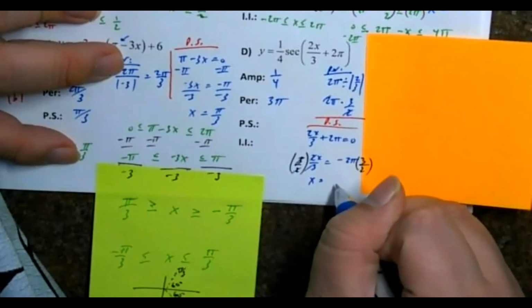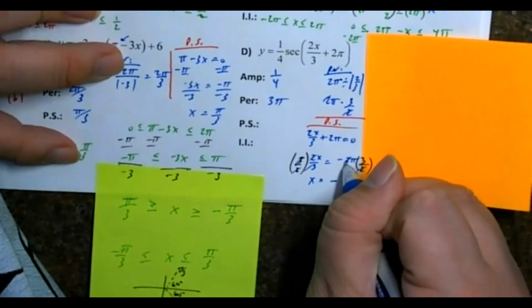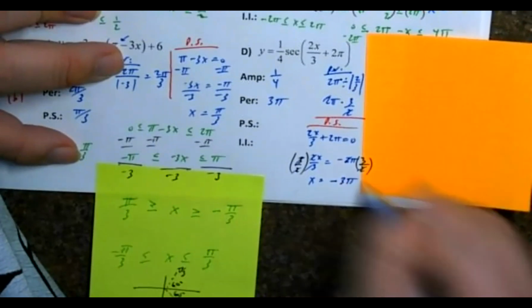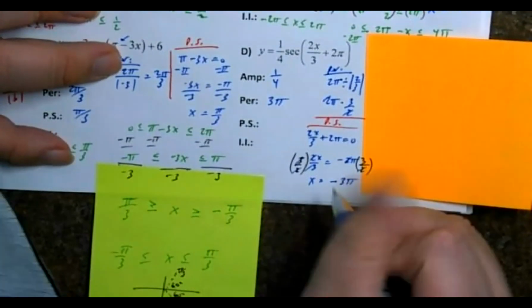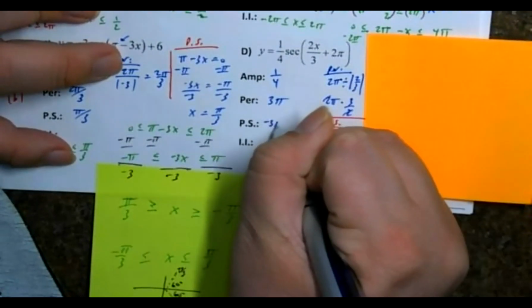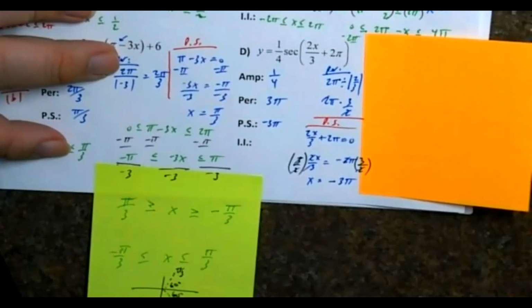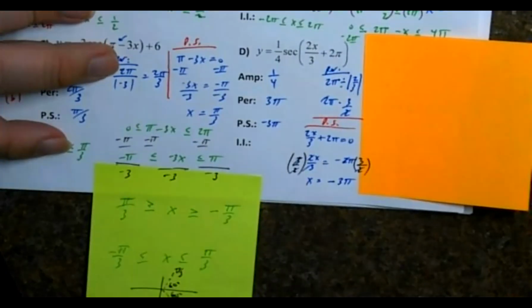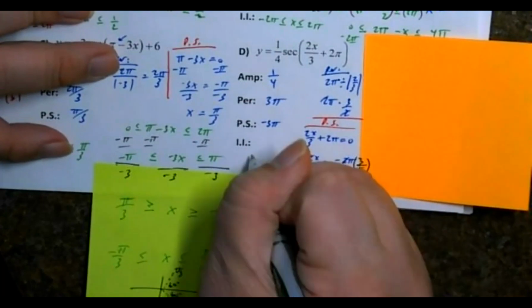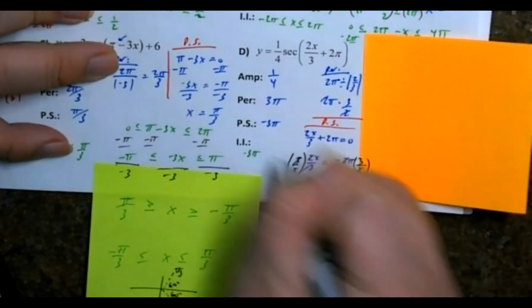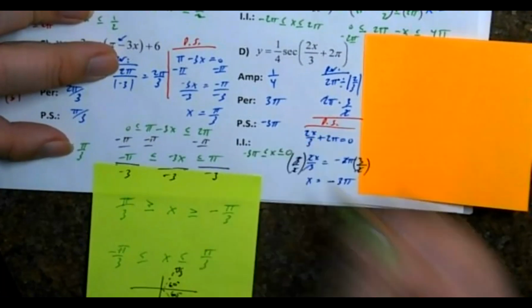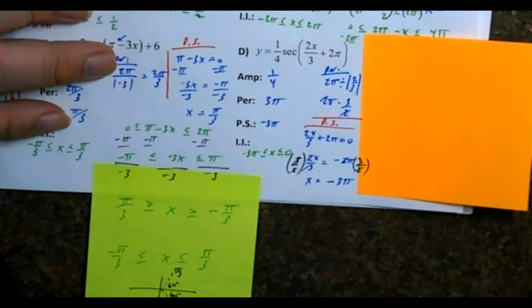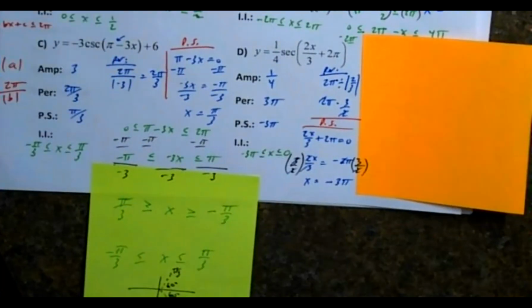X is equal to a negative, that reduces, 3 pi. Okay, my phase shift is negative 3 pi. My initial interval is going to be negative 3 pi less than or equal to x less than or equal to 0. There's my initial interval. All right.